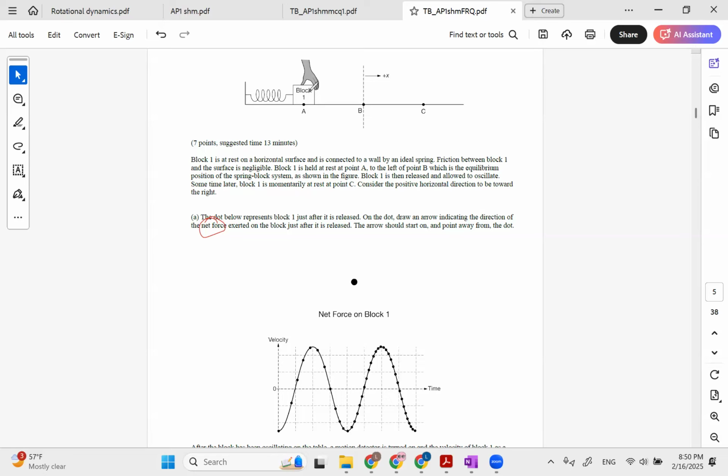And what's the direction of force applied on the block? Because remember, this spring force is a restoring force, right? When you are here, the force is going this way, that's the spring force. When you release it, the external force from your hand will be gone. The only force, the net force applied to the block, what is it?